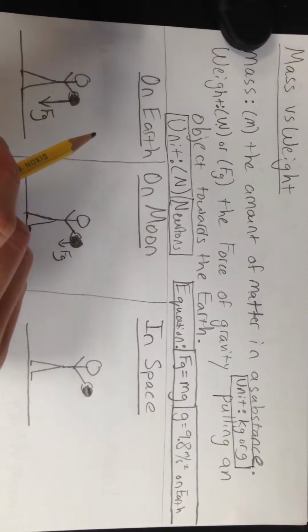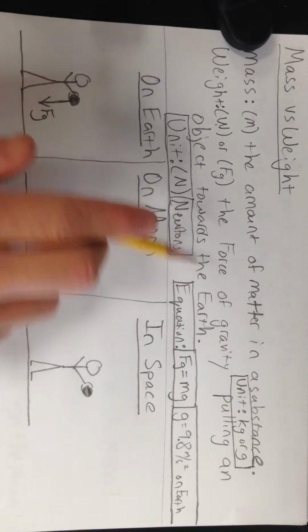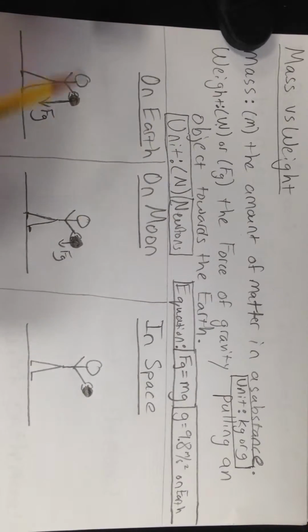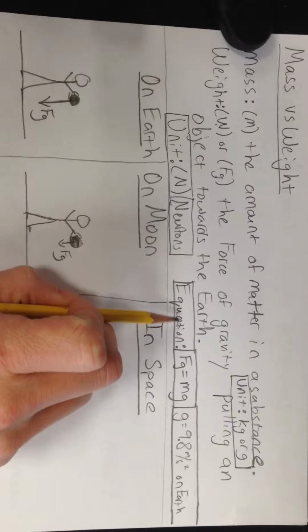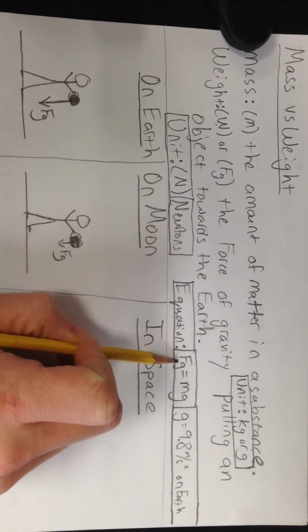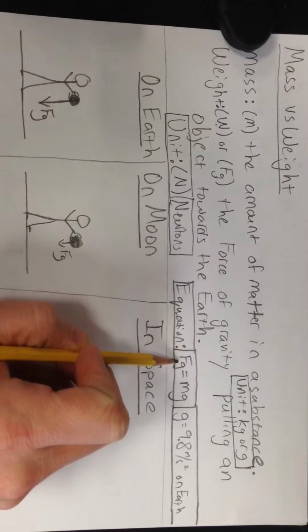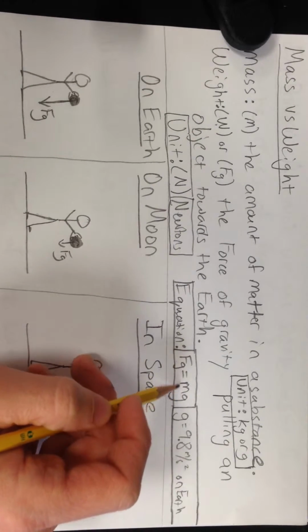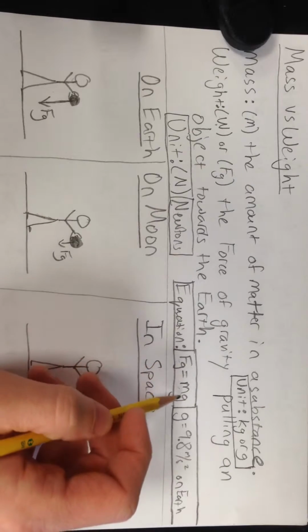The unit of weight is newtons because it is a force. And weight has an equation where you can calculate weight as well. Fg, that's weight, equals mass times g. So if something is more massive, it has more weight also.